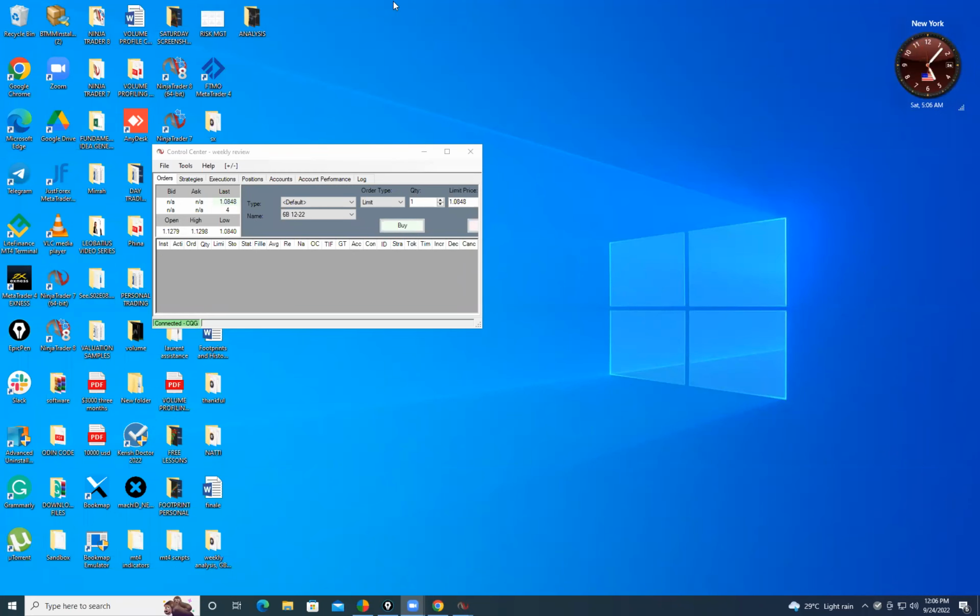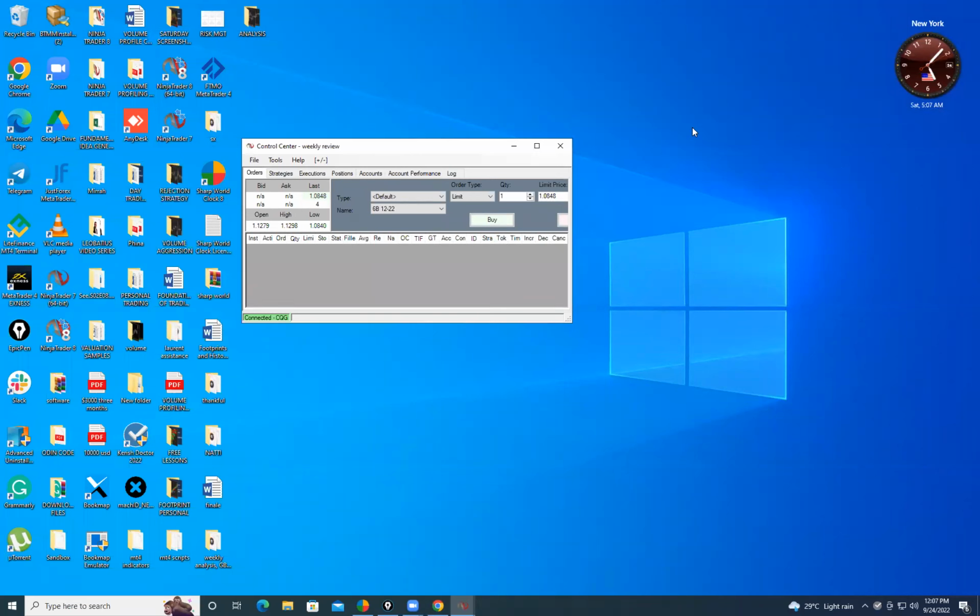Last week we began something for our fellow traders, whereby we are going to be profiling the market for the major pairs that are normally traded on the forex side.